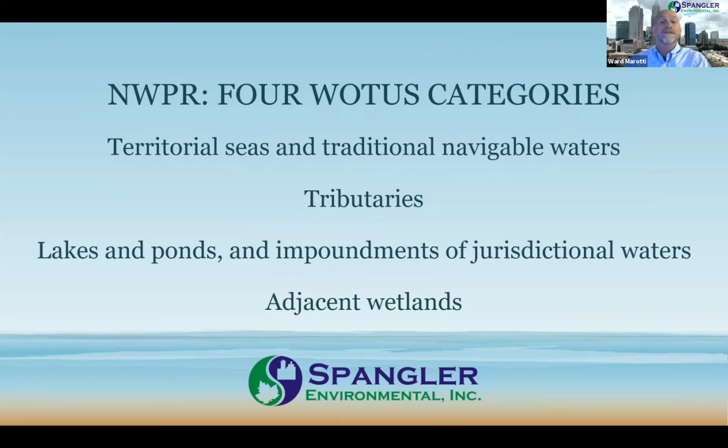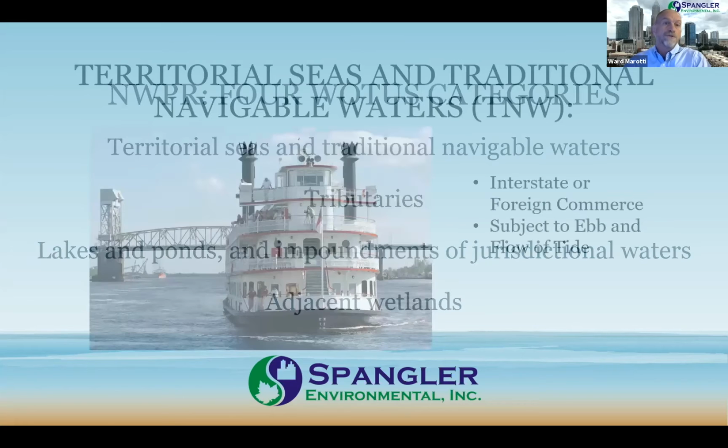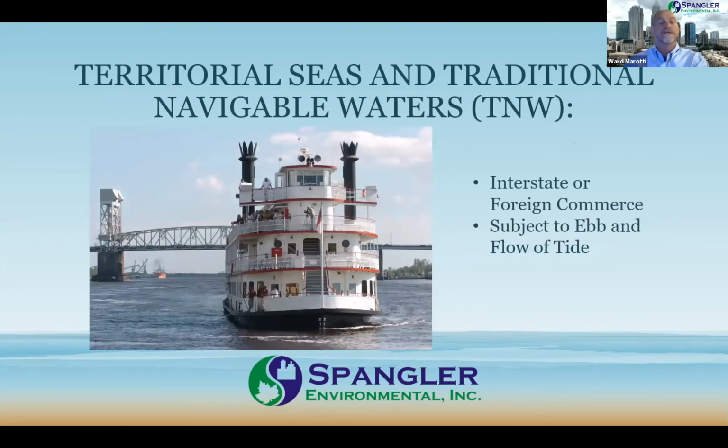So territorial seas and traditional navigable waters, that's kind of a combination of what had previously been defined: tributaries, lakes, ponds, and impoundments, and adjacent wetlands. Territorial seas and traditional navigable waters are pretty obvious. It's the big water. This photo here is, as some of you may know, the Cape Fear River in Wilmington.